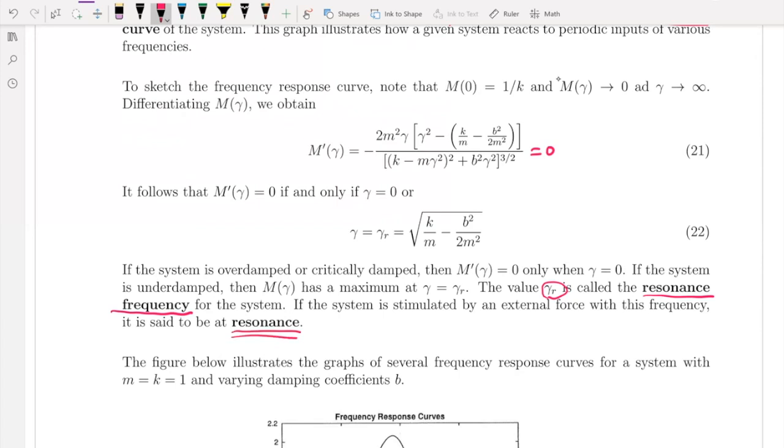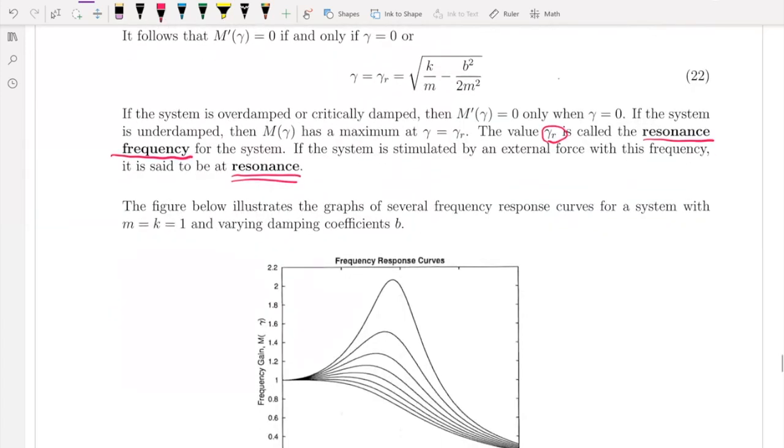So now let's talk in a little more detail about this curve. What does that mean? Whenever you have a small damping, which is a small b value, you're going to have another maximum, which is the resonance frequency. At that point, there is resonance.